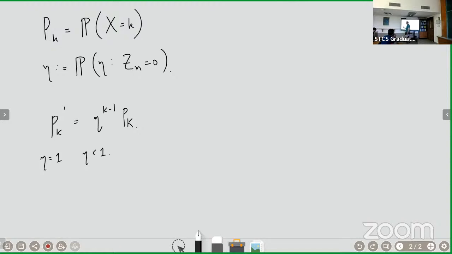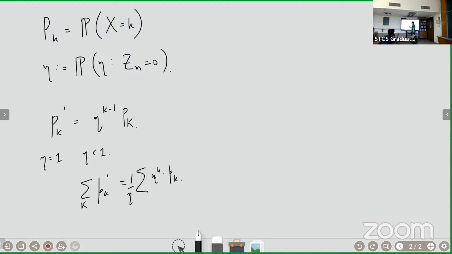Anybody finish it? You just take the sum over k. So the summation of p_k prime over k, we want this to be equal to 1. On the right side, it's 1 over eta times the sum of eta to the k times p_k. So it is just a generating function.